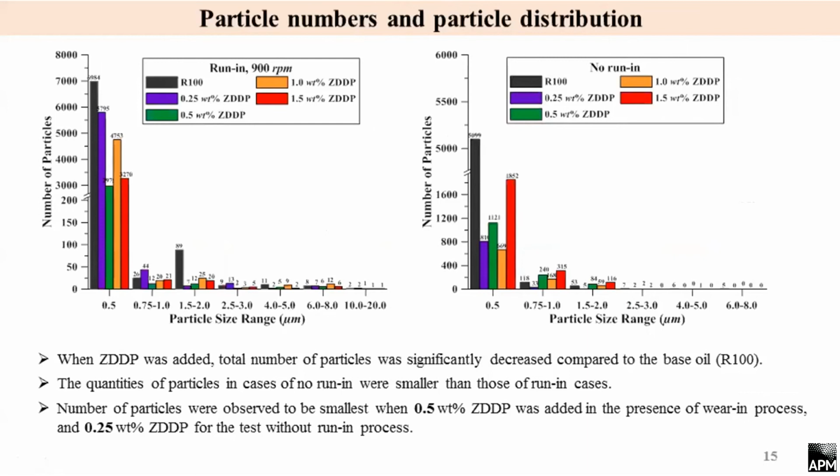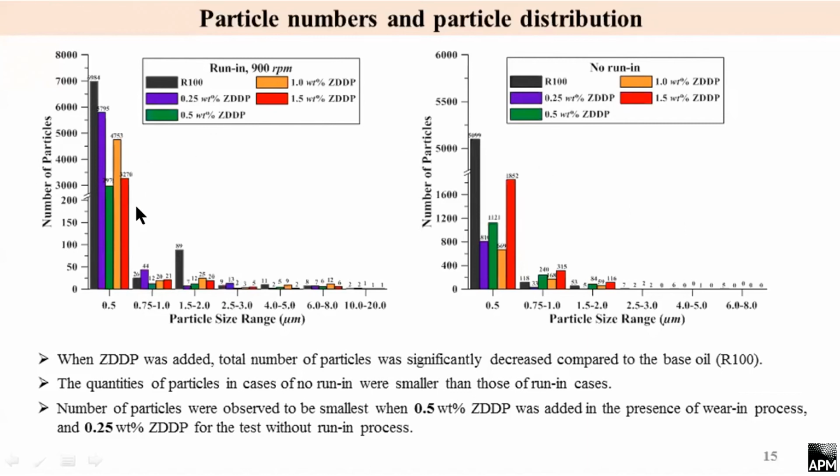After the experiments, we count the particles inside the oil, and you can see here the number of particles in the range of 0.5 to 20 micrometers in the case of running-in process and without running-in process.